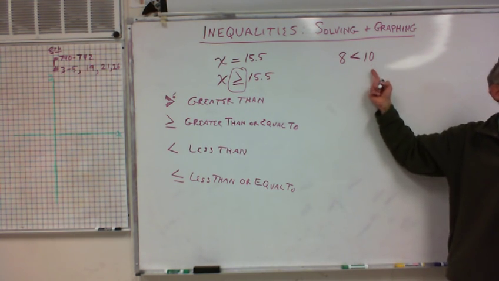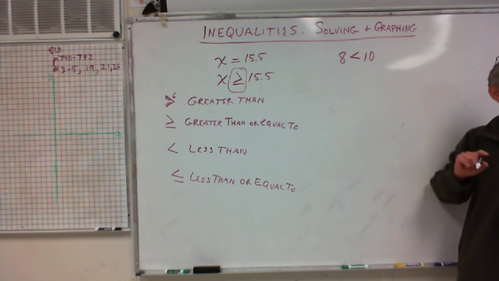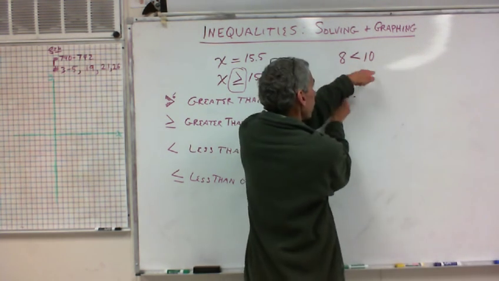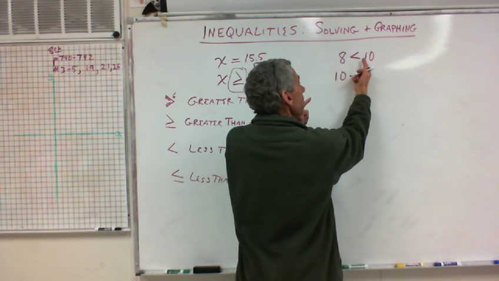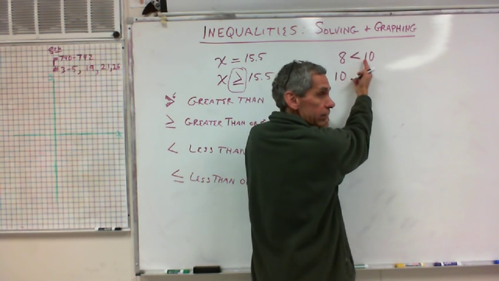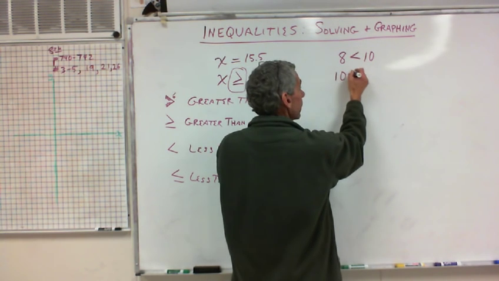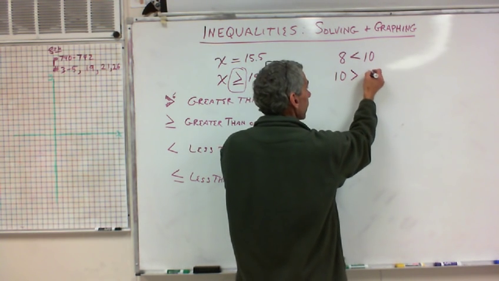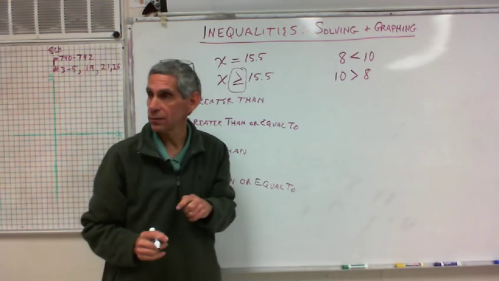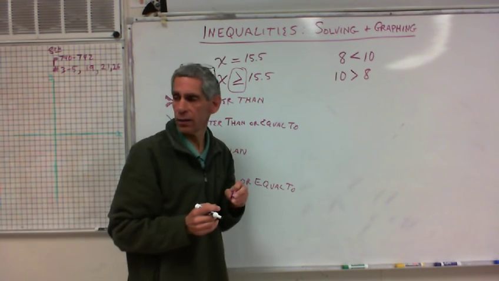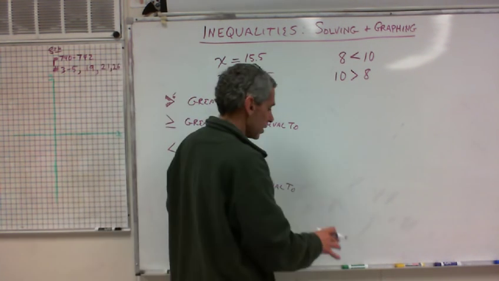How could I rewrite this with a greater than sign? 10 is greater than 8. All right, so look, I can flip them as long as the mouth flips too. The mouth has to flip. The alligator mouth is facing the 10. It's got to face the 10, which now means greater than 8. Right? Make sense? Yes. All right, so that's that.